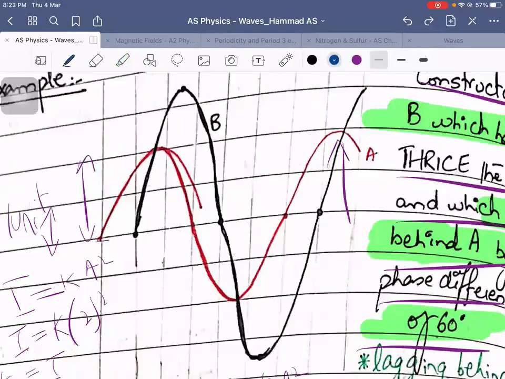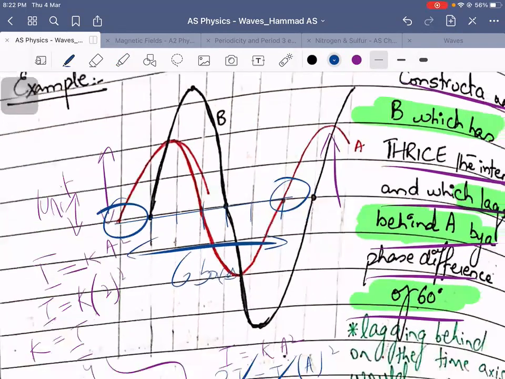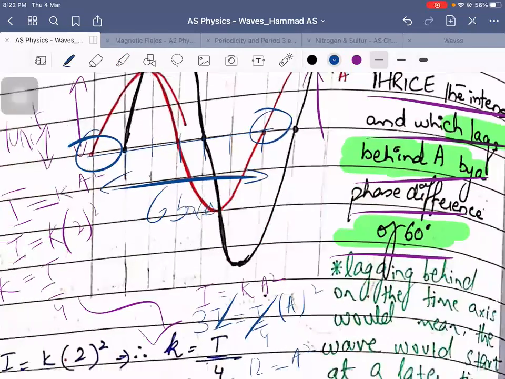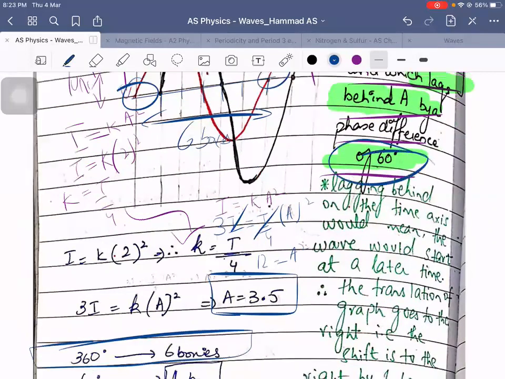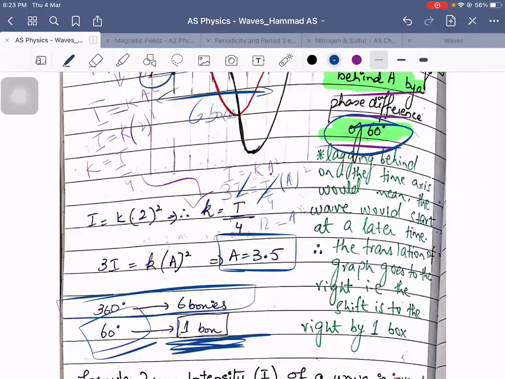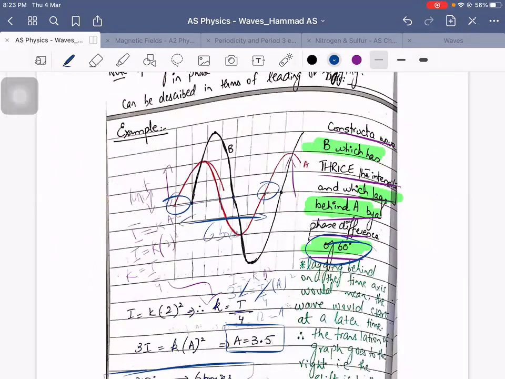Please check that for the entire wave, you have covered 6 boxes. When one complete wave forms, we say that a phase difference of 2 pi or 360 degrees has been covered. So 6 boxes will correspond to 360 degrees. When you need a phase difference of 60 degrees, you'll understand that you are getting 1 box. And therefore wave B will start off 1 box later.